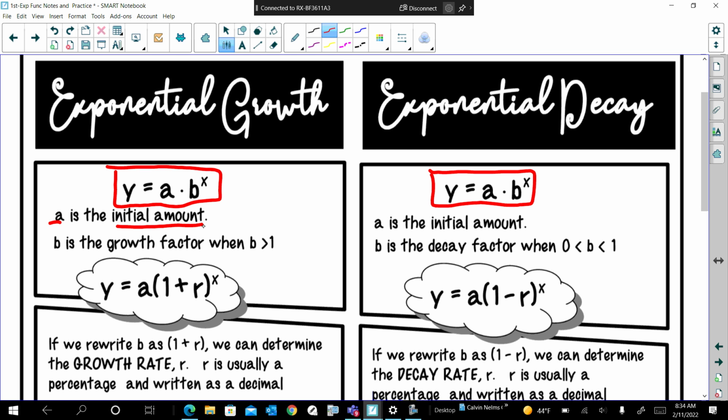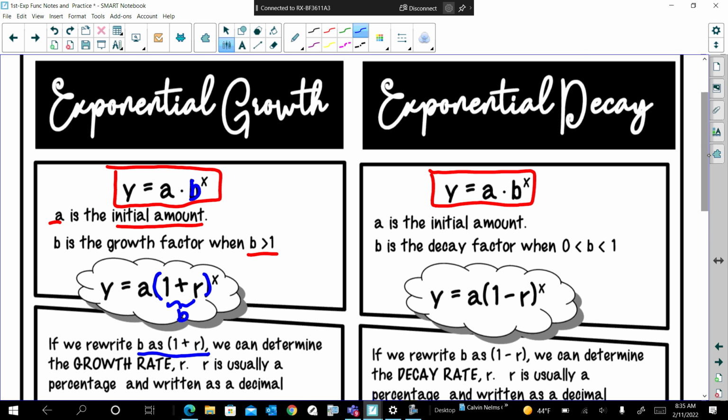B is the growth factor when b is greater than 1. We now change the b with this expression, the parentheses 1 plus r. This basically represents the b. So we rewrite b as 1 plus r.